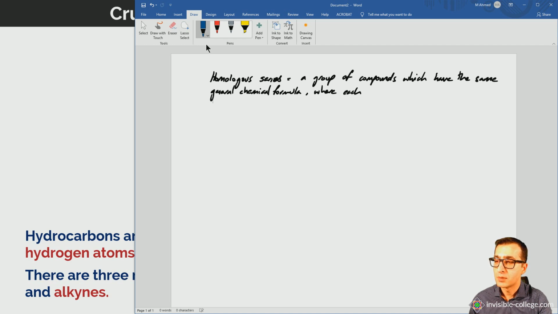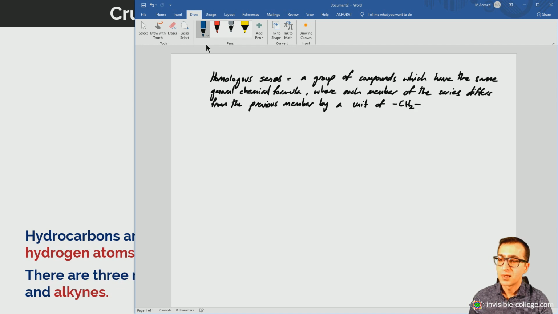Where each member of the series differs from the previous member by a unit of CH2. So let's take a look at what this means for alkanes.